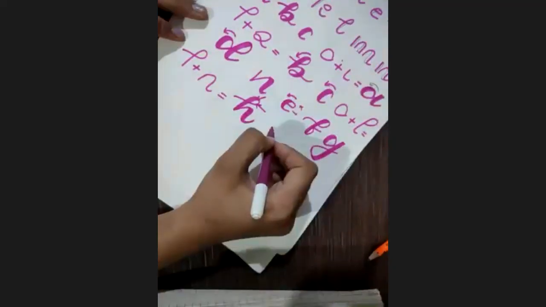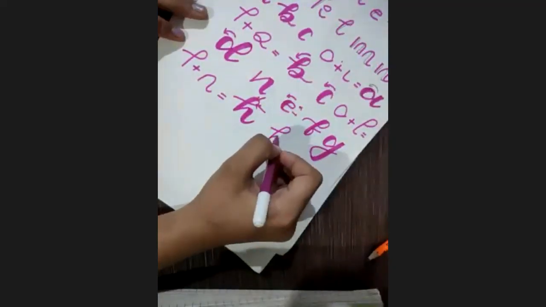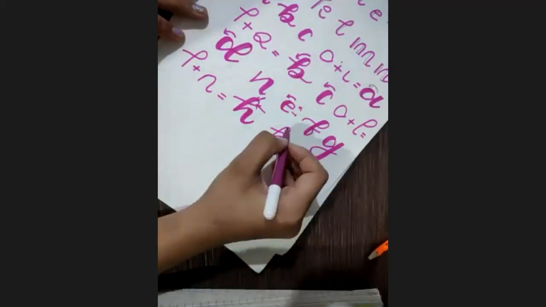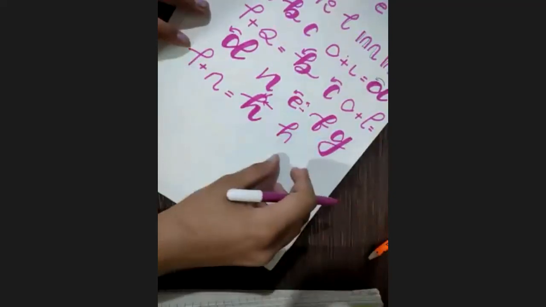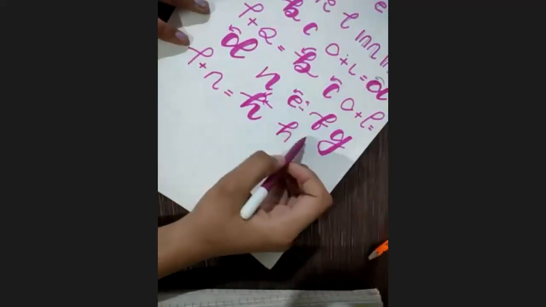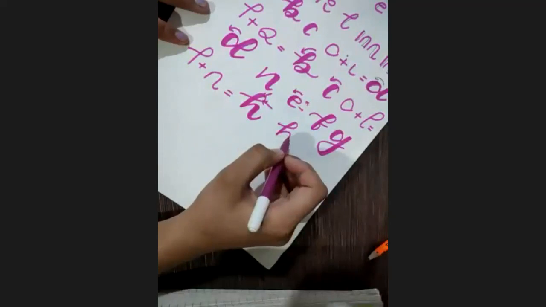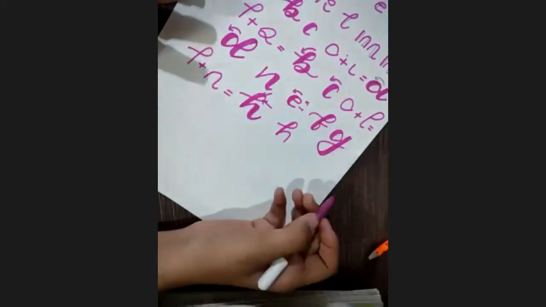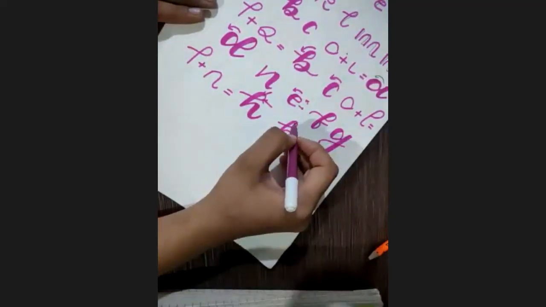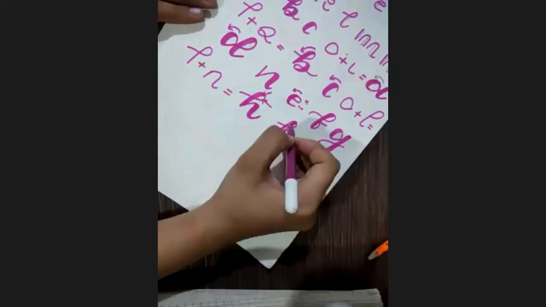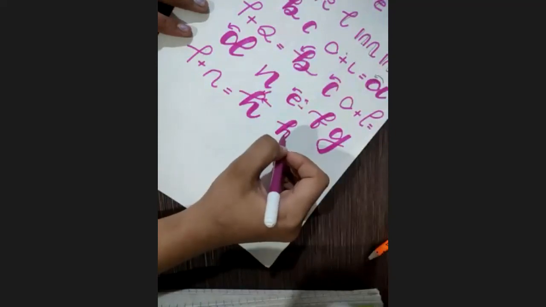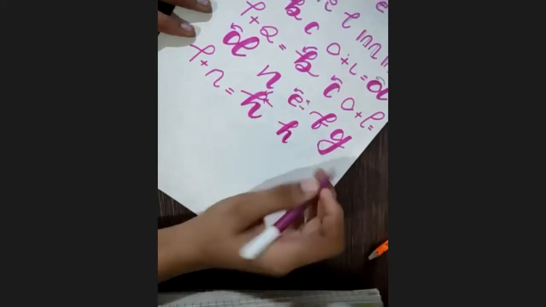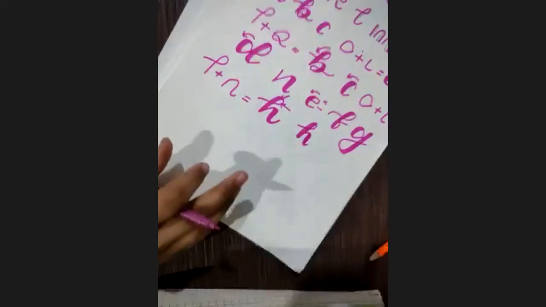See, if I'm making H here and I give the double line just this much, you know, but there should be a difference between the two strokes, thin stroke and thick stroke, only then it will look effective. So what we'll do is make it a bit bigger so that we are able to differentiate it easily. It automatically gives a different look to it.